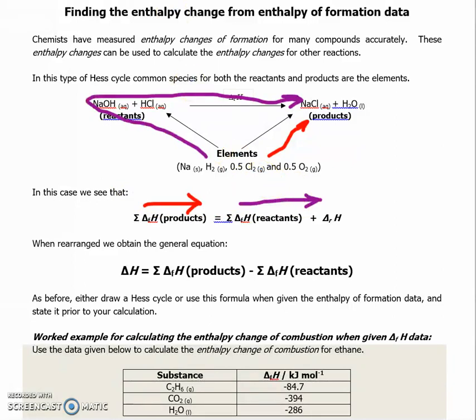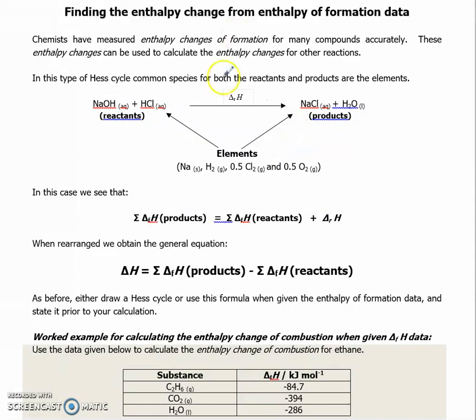And just to check this, if I remove these arrows, you can see that on the left hand side we've got one sodium atom, one oxygen, two hydrogens, one chlorine. On the right hand side, one sodium, one oxygen, two hydrogens, one chlorine. So this means that they have been formed from the elements.